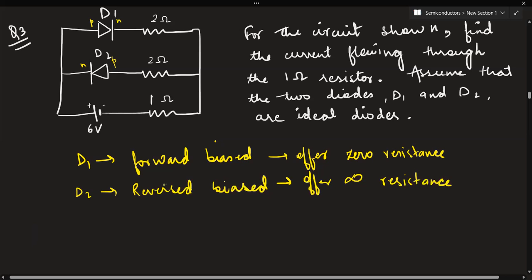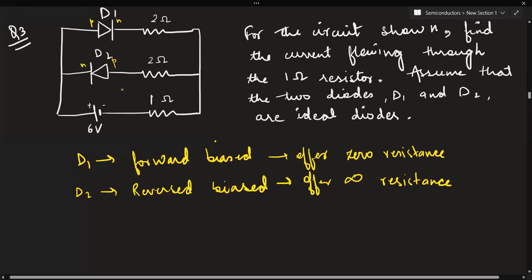So by Ohm's law, if D2 is reverse biased and offers so much resistance, no current will be flowing. It will behave like an open circuit, so no current will be flowing in this arm.